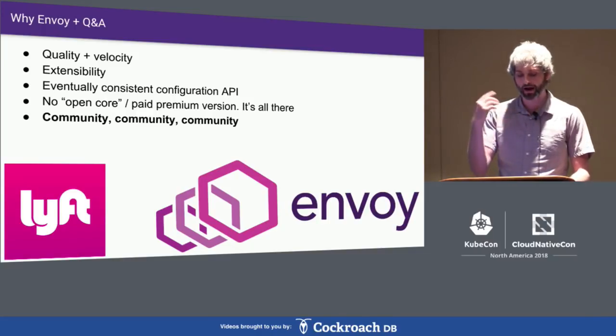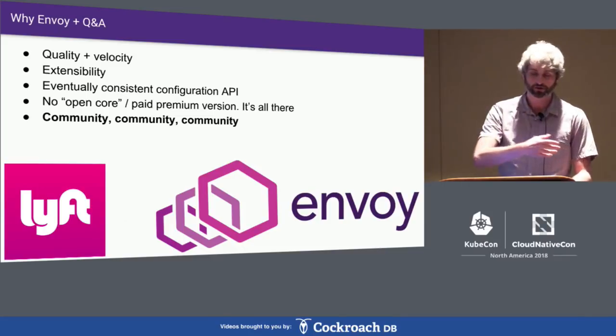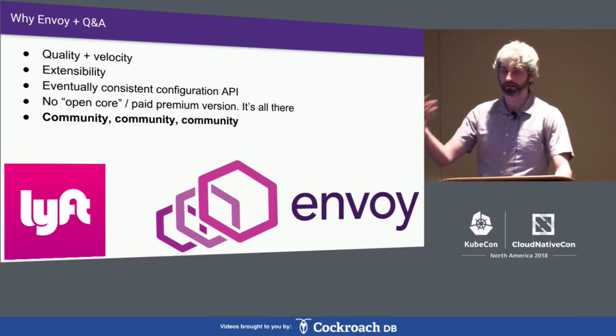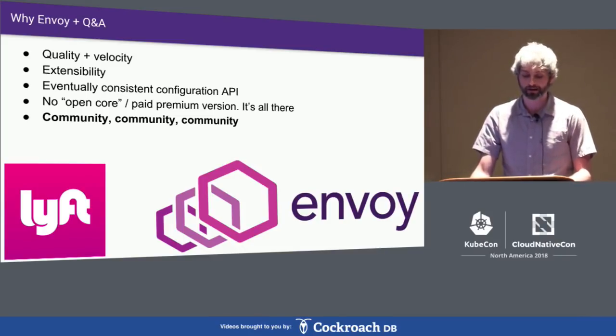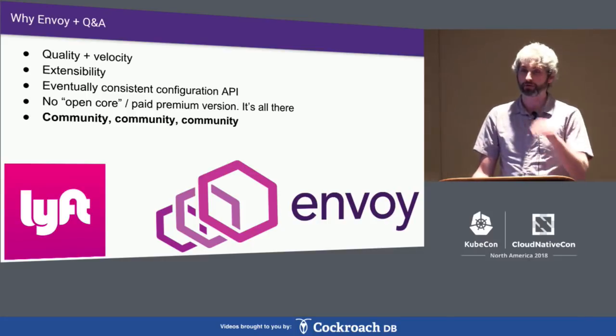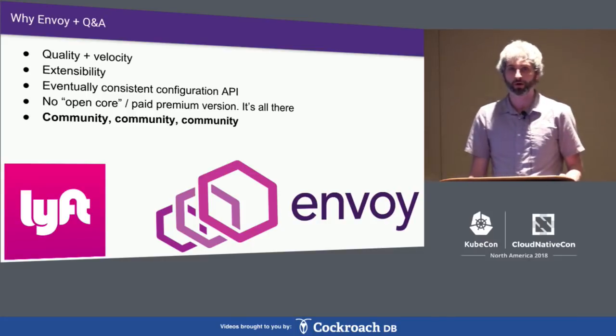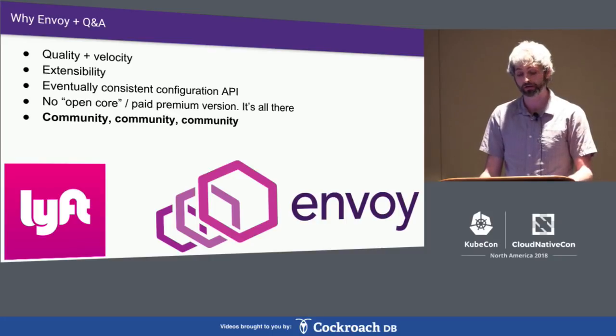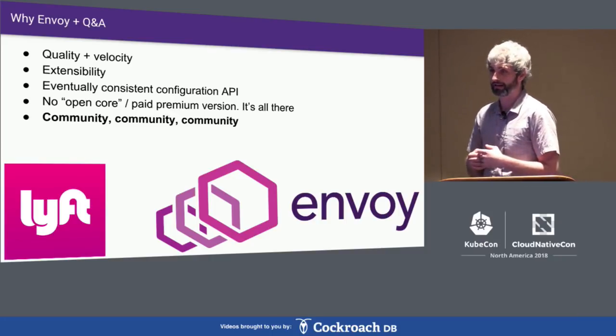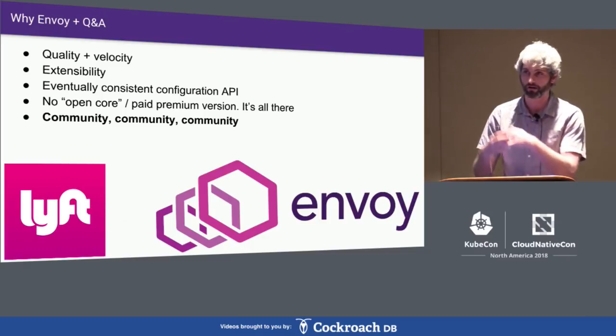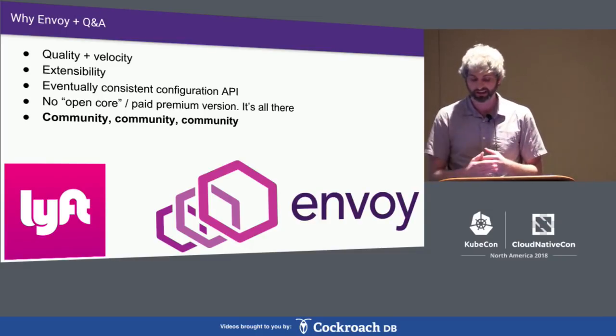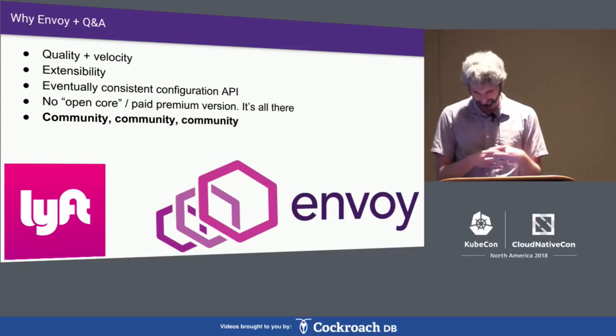From a why Envoy perspective, I talked about this morning, but I'll expand on it a little bit more. I think we've been able to keep quality quite high while still moving fast. Through modern development philosophies, by using GitHub, by doing CI and all that good stuff, we've been able to keep high quality but move fast.